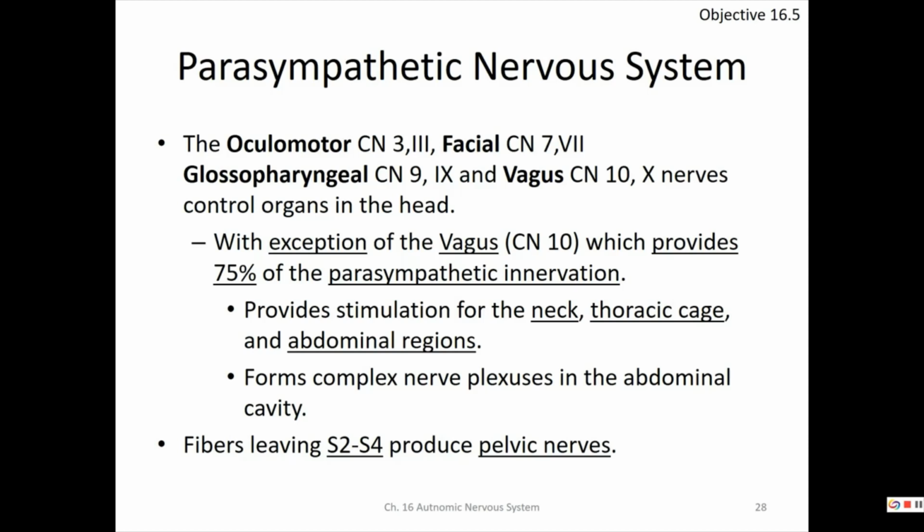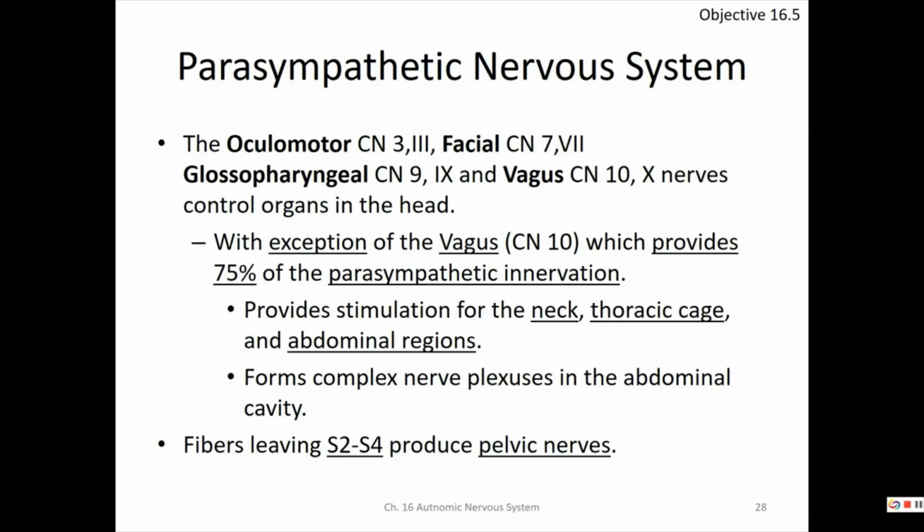Now, mostly this stuff does the head. Like oculomotor controls things like your tear production and the diameter of the pupils. Facial controls things like the salivary glands.